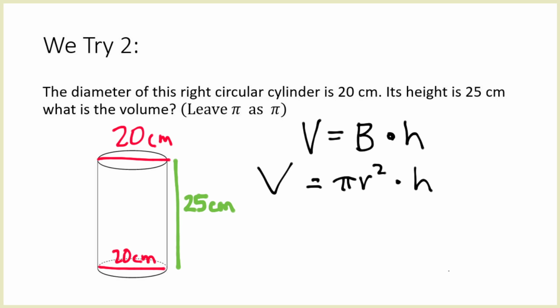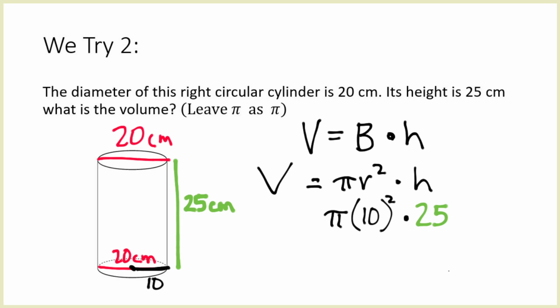I know I'm going to leave pi as pi. I need to find the radius here. The radius will be half of 20, which is 10. So I'm going to have 10 squared times the height, which is 25.